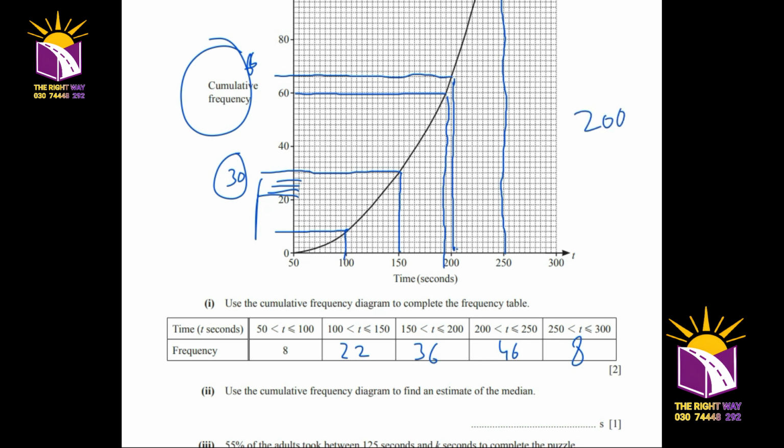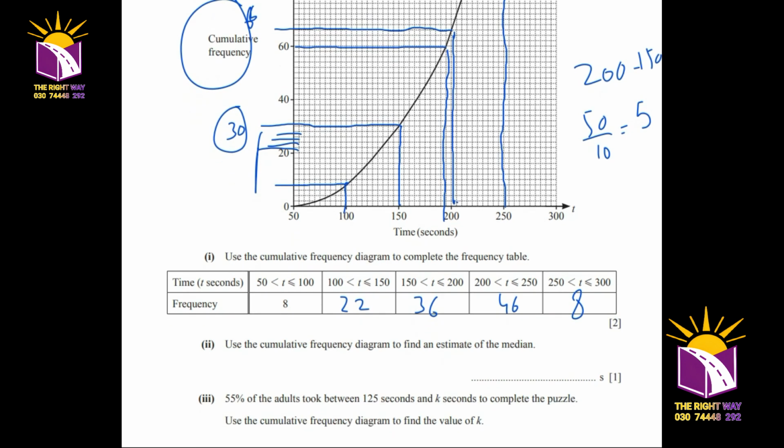So 200 minus 150 will be equal to 50. 50 divided by 10 equals 5, so one block is describing 5. So 200 minus 5 will be 195. So 195 seconds is the median time.